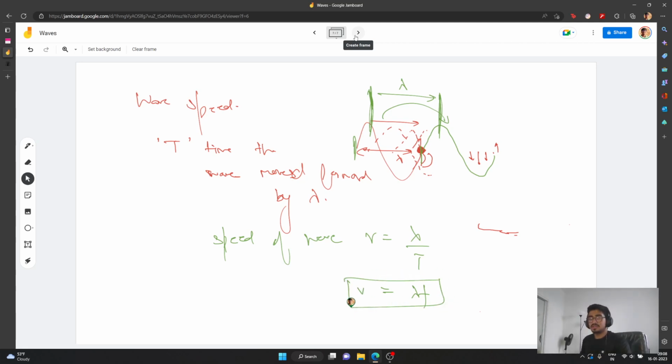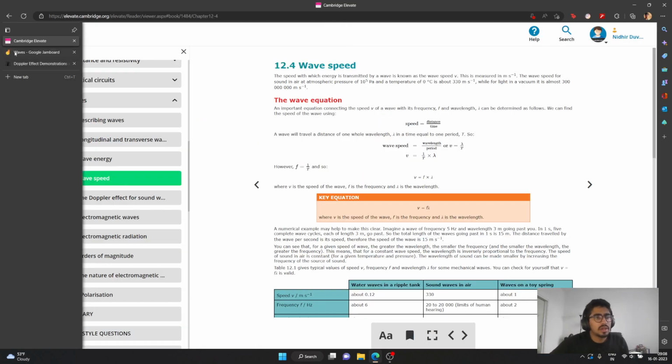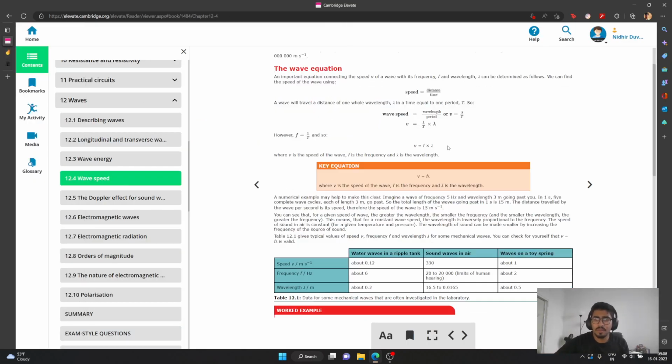The velocity of the wave is equal to lambda times frequency. Mind you, this is different from the velocity of the particle, which is constantly changing. Sometimes velocity is downwards and sometimes it's upward, but regardless of all of that, velocity of the wave is always to the right, which will be given by this thing right here. Very important formula for the rest of the physics that you learn. Okay.